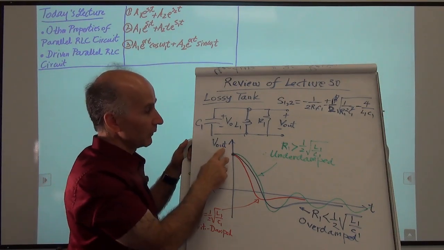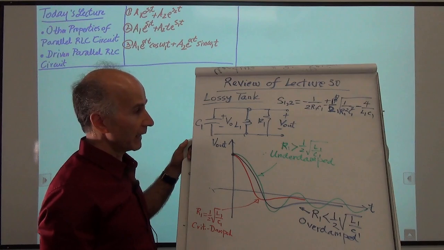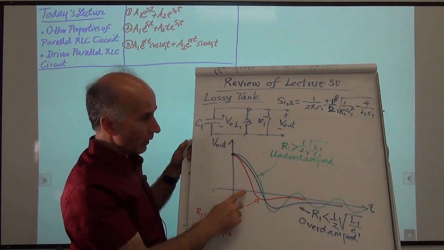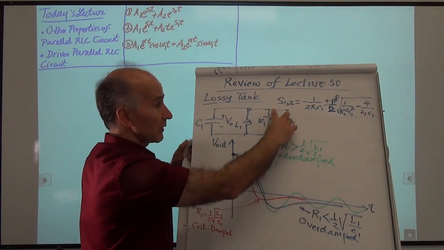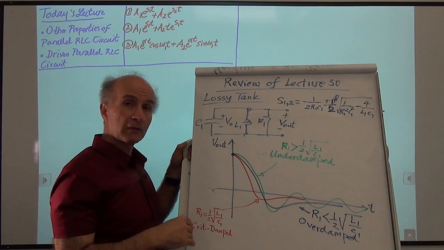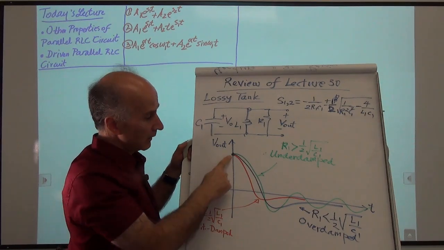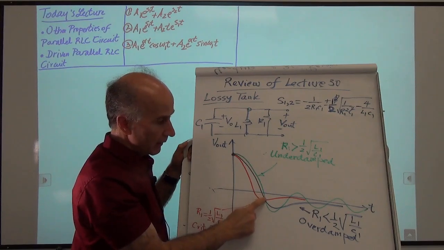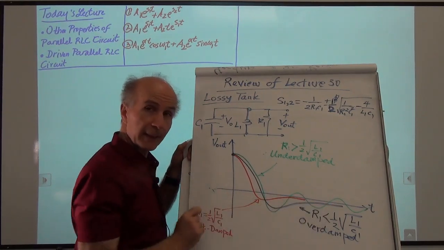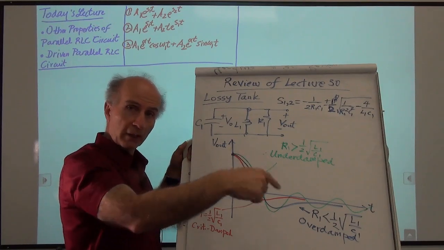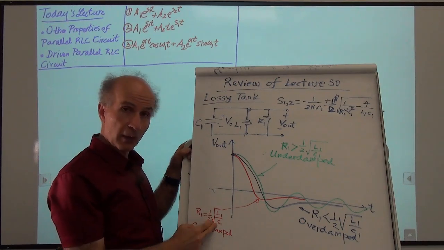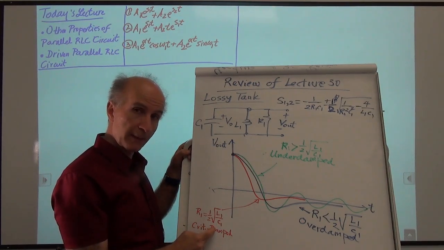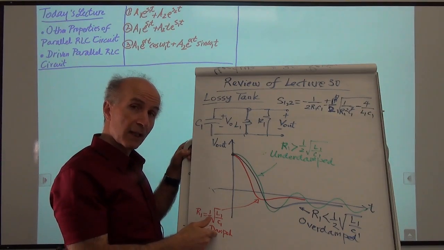So when we looked at this output voltage as a function of time, we saw that if R1 is small enough, which would be the case, this blue case, so if this resistor is small enough, we allow almost no oscillation. So you can see that Vout just comes down, there is a dip, but then it settles, right? It doesn't go haywire, so to speak. If we have R1 equal to this value, 1/2 of square root of L1 over C1, then it's critically damped, and that means that the response settles fastest.